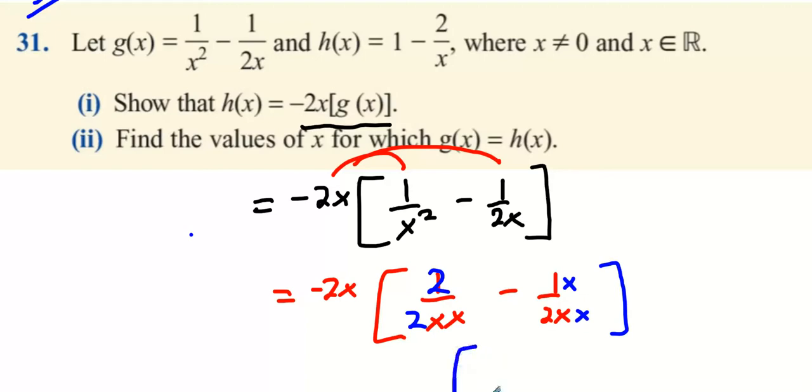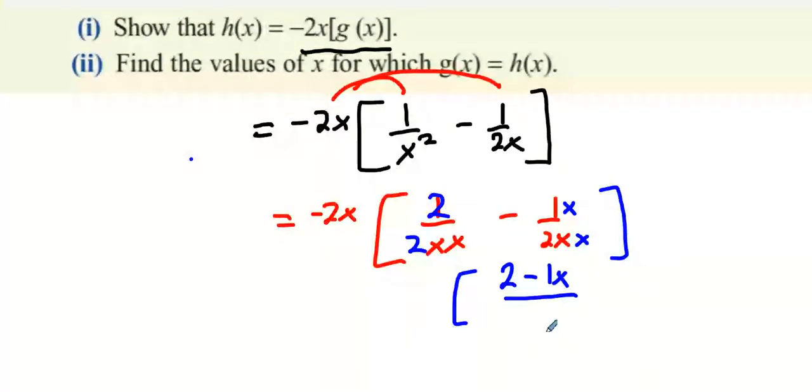And now you're going to get 2 minus 1x all over 2x, and you're going to multiply that by minus 2x. If anything, it makes it slightly harder. What cancels? X and that, the 2 and the other 2.